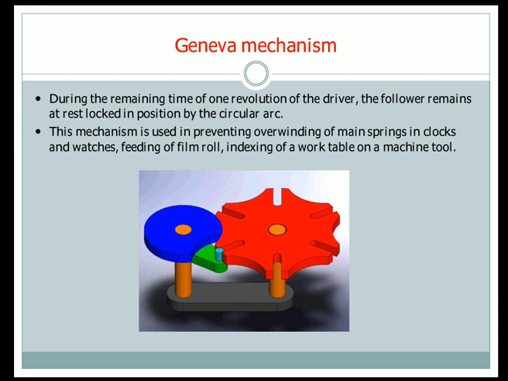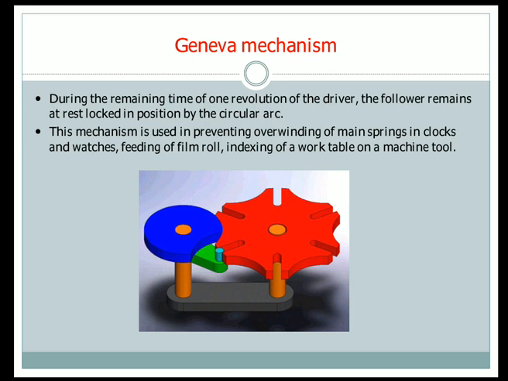This mechanism is used in preventing overwinding of mainsprings in clocks and watches, and in feeding of film rolls. In earlier days, the movies or films projected in the theater were on continuous rolls. Nowadays the technology is different, but in olden days the film roll was rotated by using this mechanism.